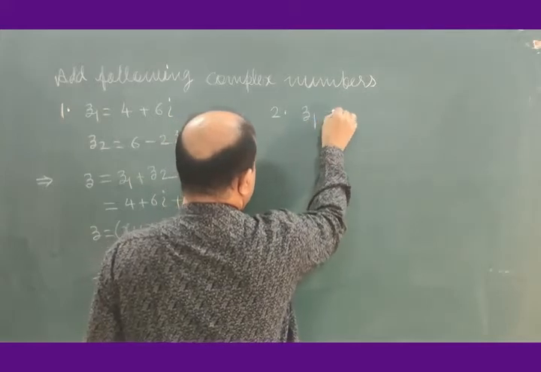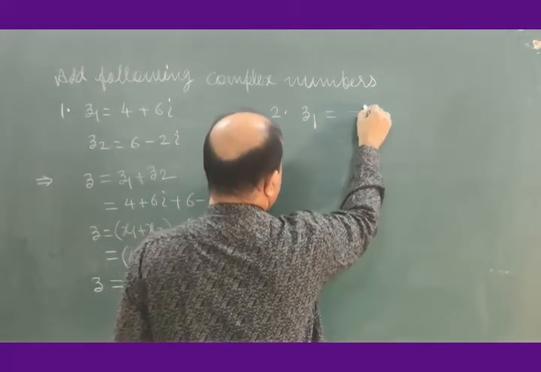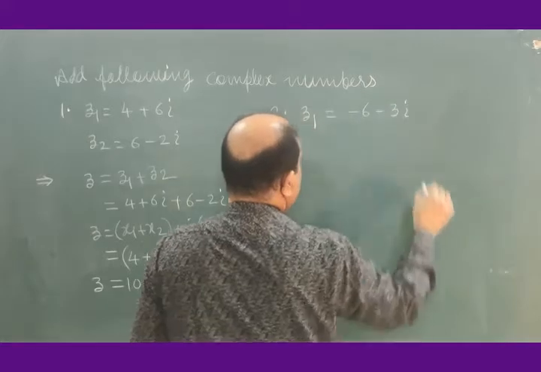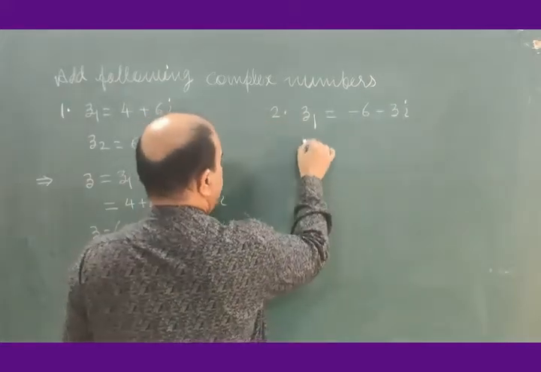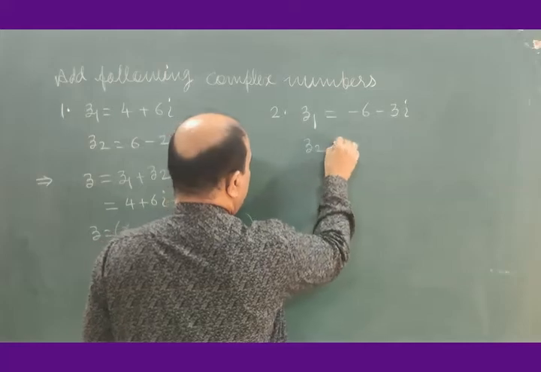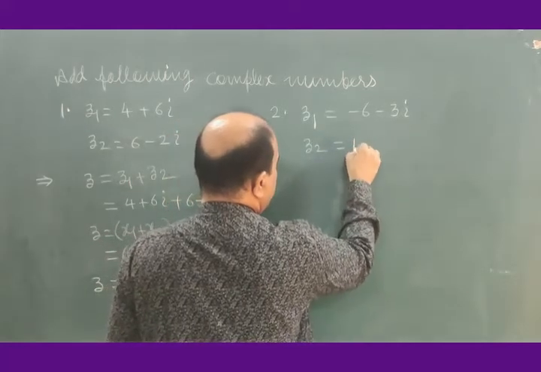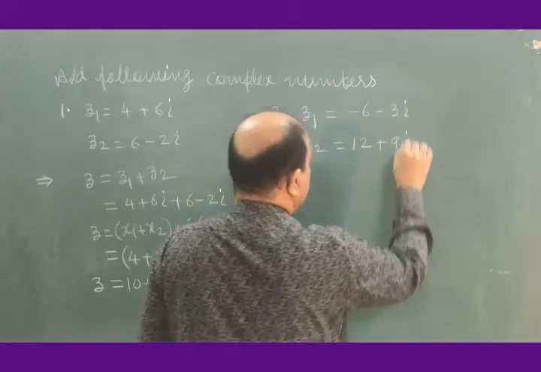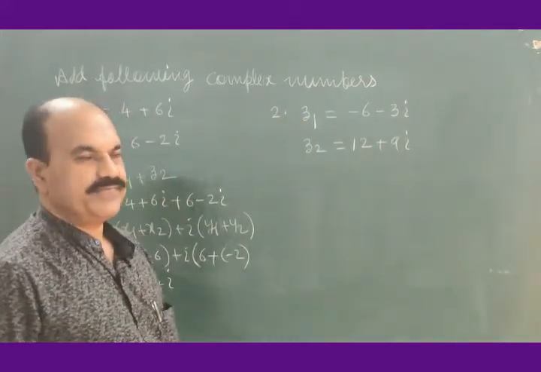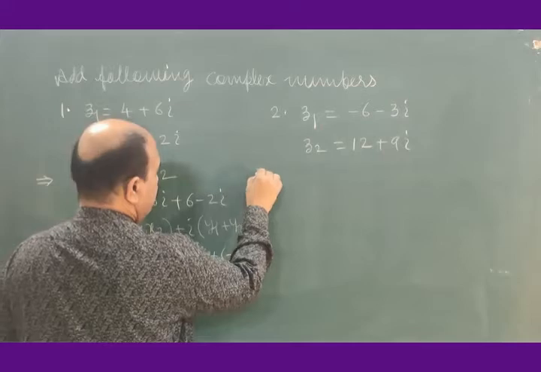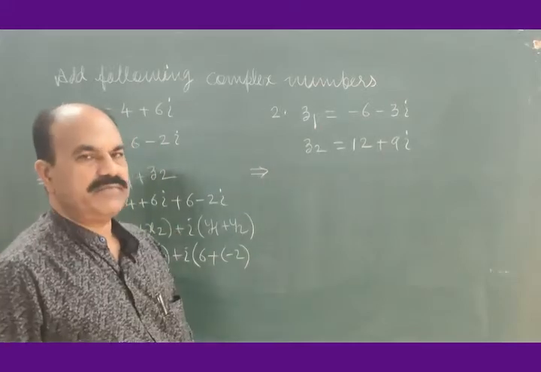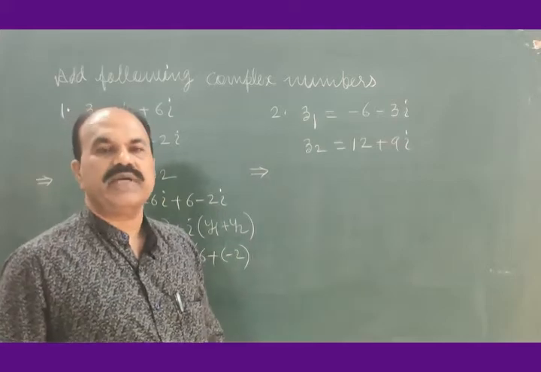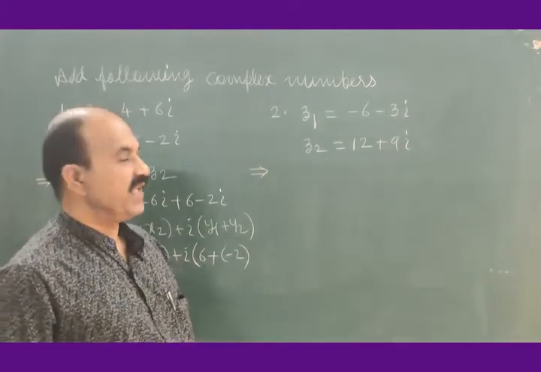Z1 is equal to minus 6 minus 3i, Z2 is equal to 12 plus 9i. Solution. Given first complex number Z1 is equal to minus 6 minus 3i.